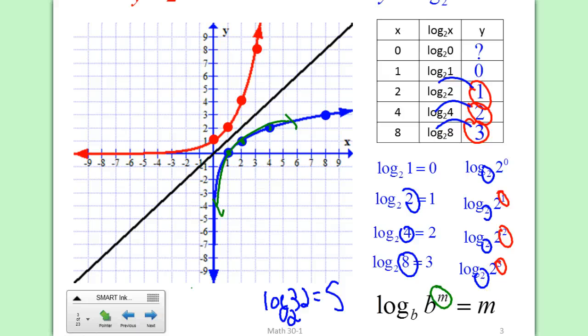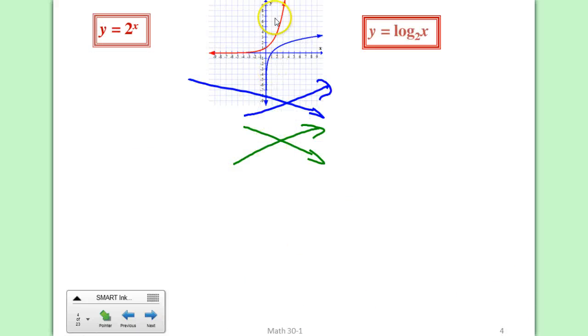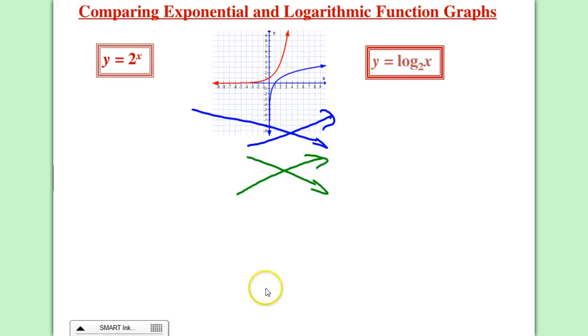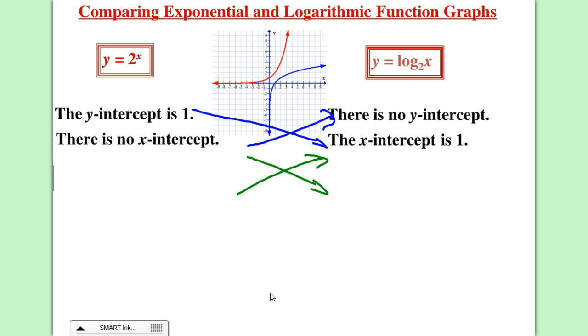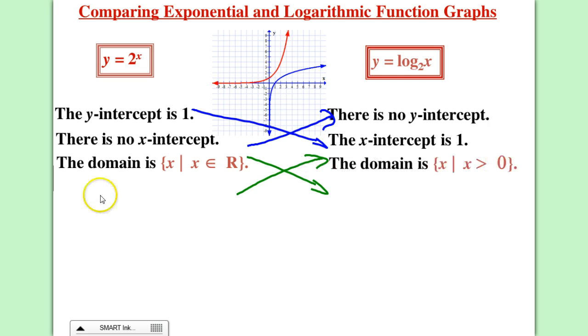Well, let's carry on and deepen our understanding. So now we did characteristics of exponential. How do we compare what is an exponential versus log? They're the same functions that have been hit with the inverse stick, right? So that's why I've got the arrows going. The y-intercept is the x-intercept. There is no x-intercept, there is no y. For the characteristics of the exponential, the domain is x is an element of reals.